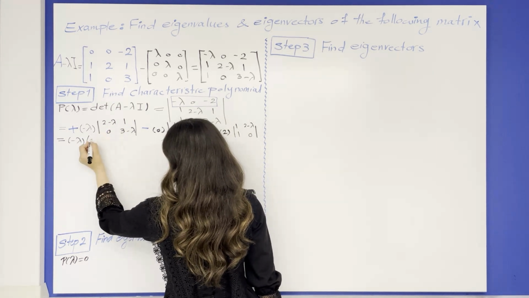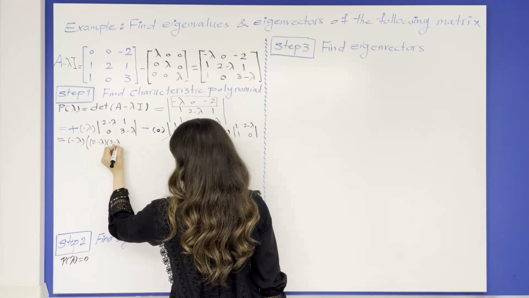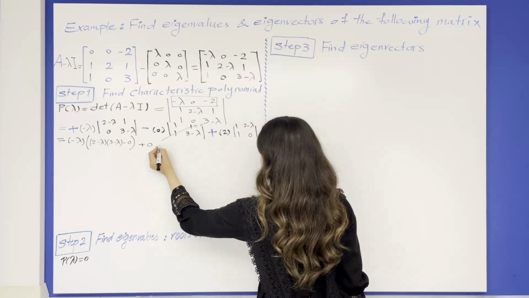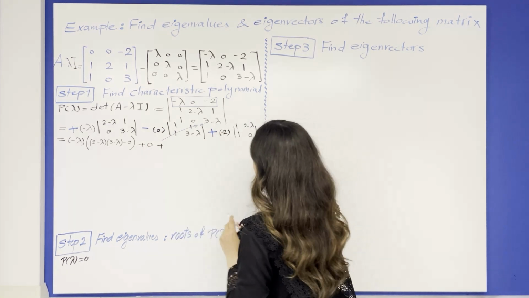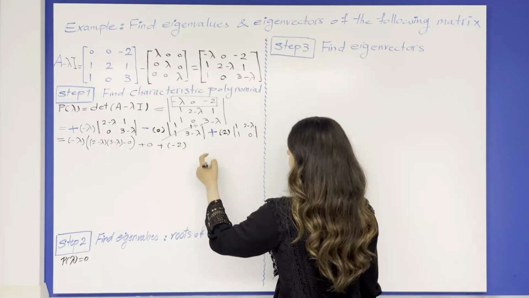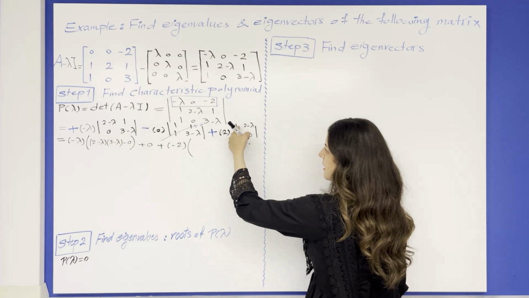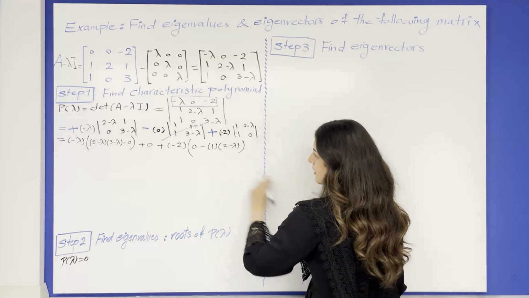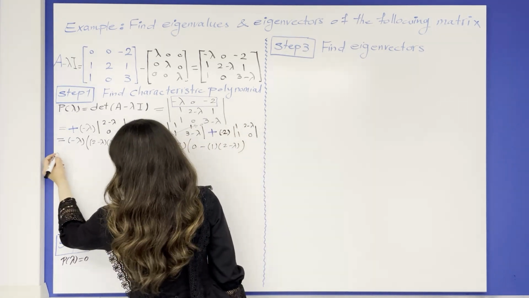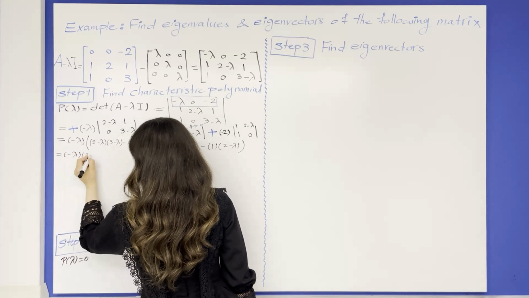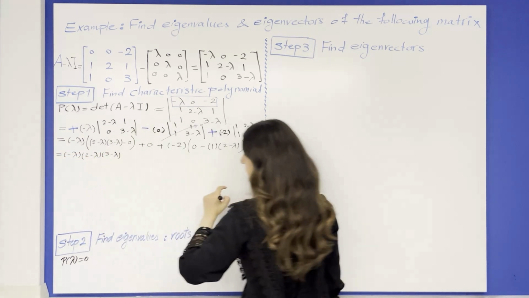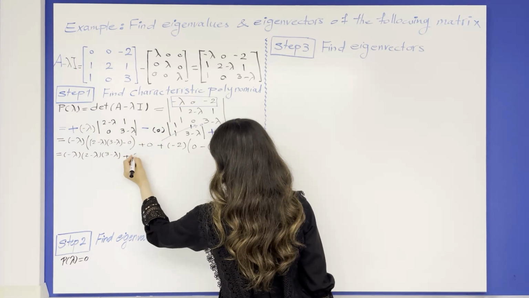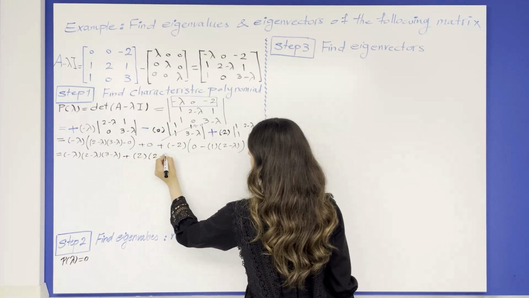So it's going to be 2 minus lambda times 3 minus lambda minus 0. And then plus negative 2 times the determinant of this submatrix, which is going to be 0 minus the product of diagonal entries. So this is going to be negative lambda times 2 minus lambda times 3 minus lambda, and then negative times negative 2 is going to be plus 2 times 2 minus lambda.